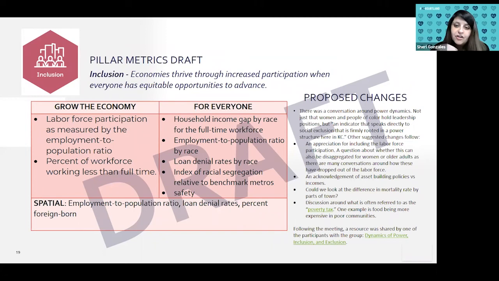Other suggestions: they appreciated that we were looking at labor force participation because that can be disaggregated and really get to who's being left out. There was an acknowledgement of asset building and policies versus incomes, and things around mortality rates and the poverty tax.